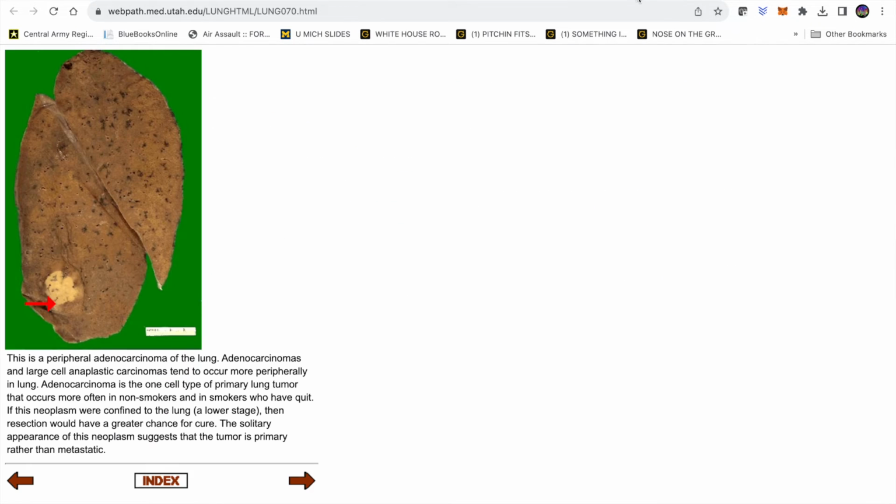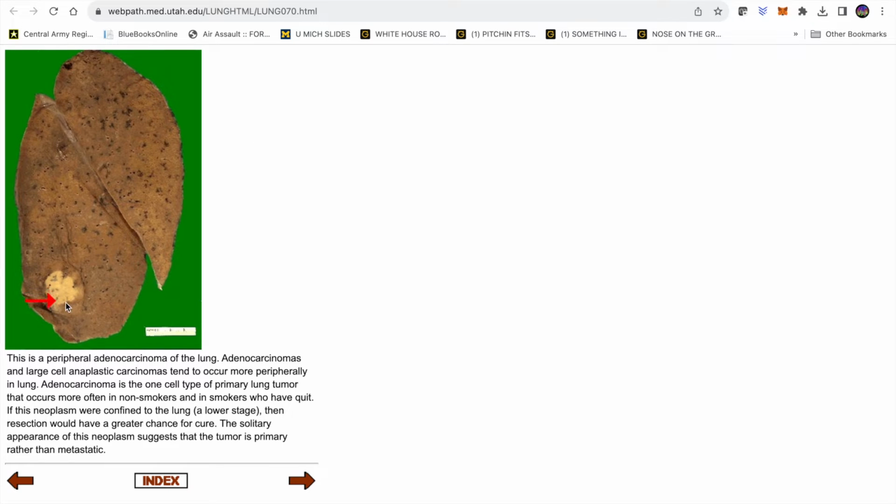And then I did want to just show a gross image to highlight that peripheral location. So we have a gross image of the lung here, or a section through the lung. And we can see that the tumor here, where the arrow is pointing, courtesy of Utah University, their medical school, I believe. You see the tumor is peripherally located, and this is in fact an adenocarcinoma.